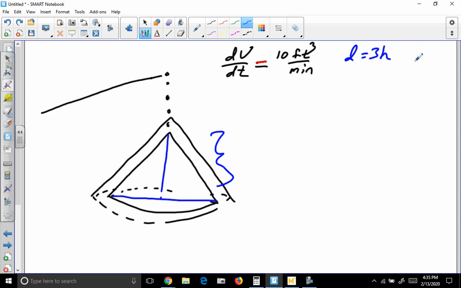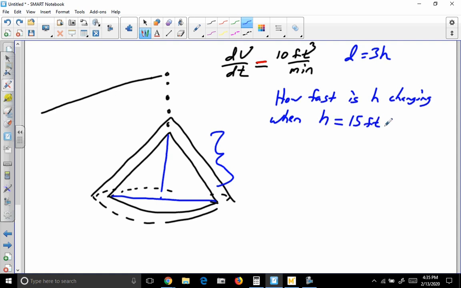At what rate is the height of the pile changing when the pile is 15 feet high? Or you could say, how fast is h changing when the height is 15 feet? If we're looking for how fast h is changing, what we're looking for is dh/dt.